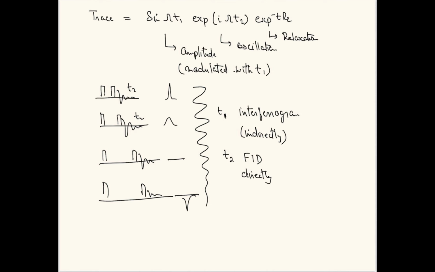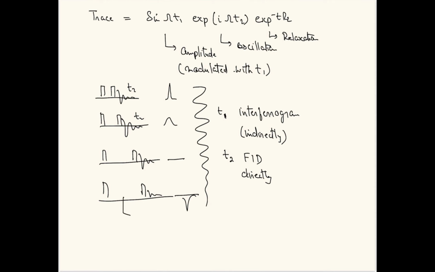Indirectly, because all we are doing is increasing the time, and hence the FID points are changing, becoming a function of t1. Whereas t2 is simply the magnetization dephasing and relaxing back to the z-axis, giving rise to the FID. Thus the t1 interferogram is indirectly sampled. That's why it is called the indirect dimension.